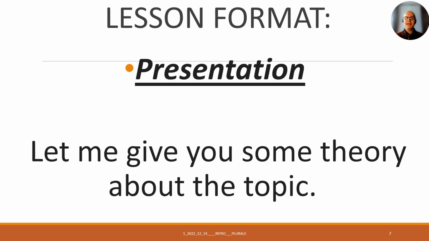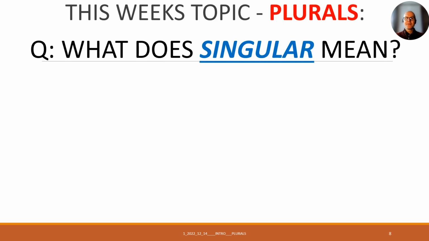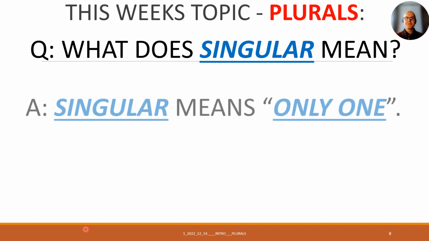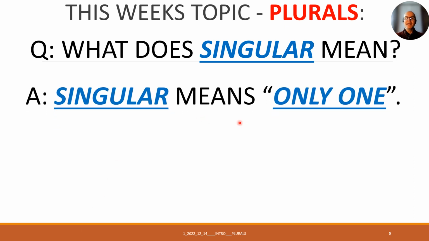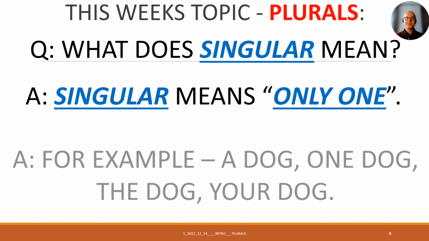Let me give you a wee bit of theory about the topic of plurals. When we talk about plurals, we must also talk about singular. What does singular mean? Singular means only one of something.